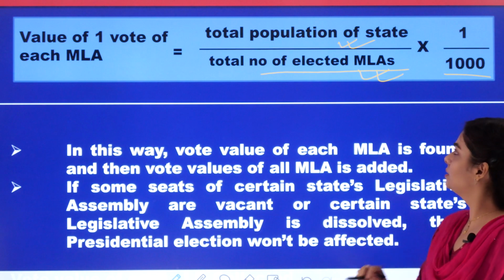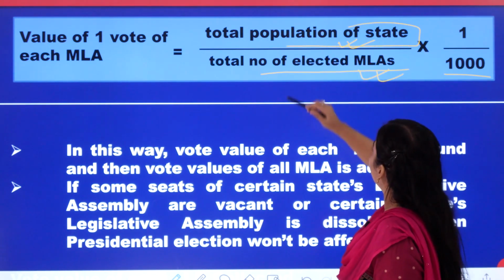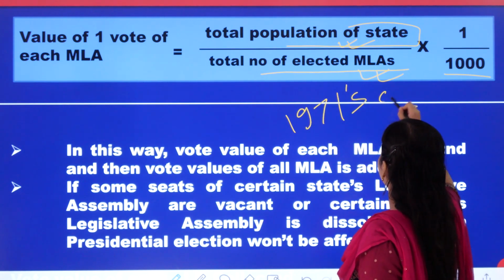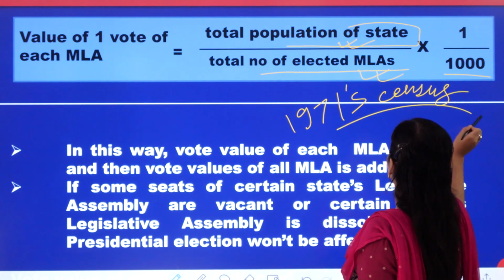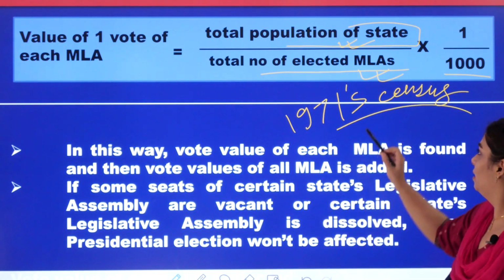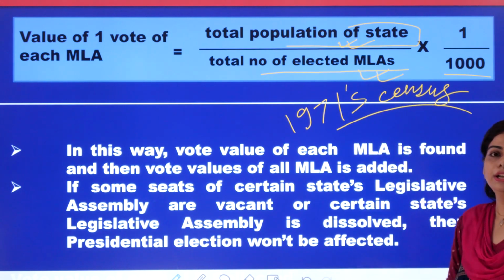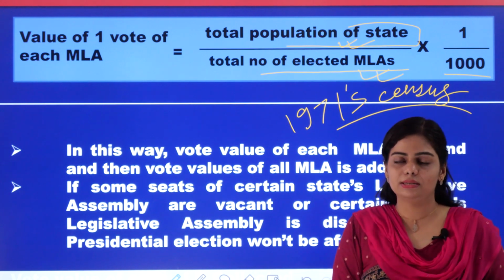Point to be noted, the population of a state is based on 1971's census. Why is it so? Because if this freezing of the 1971 census had not been done, there would have been an indirect or a direct competition amongst the states.